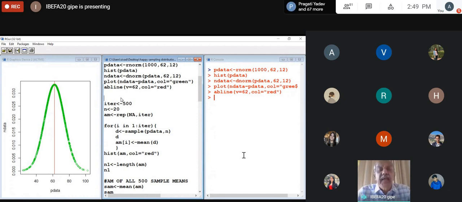NA means nothing other than arithmetic mean. Clear? ITER's variable is processed 500 times, each time 20 students, compute arithmetic mean and nothing else in each iteration.